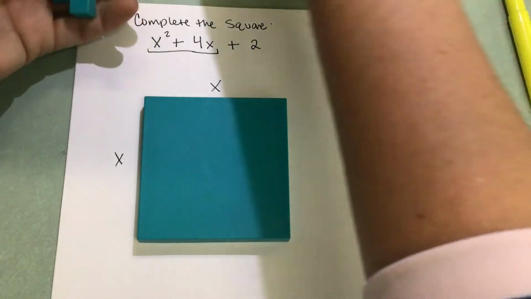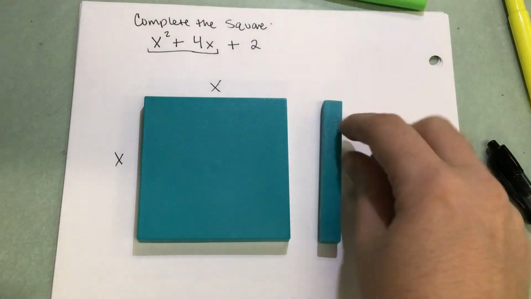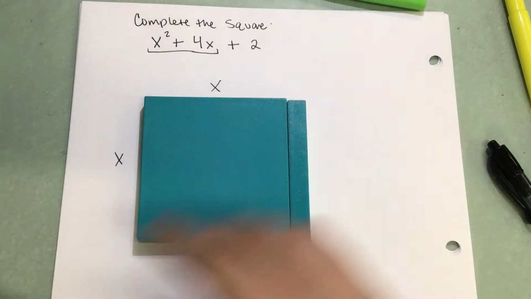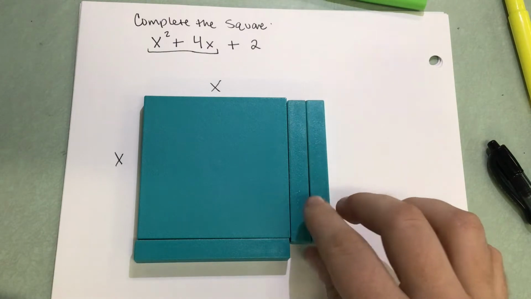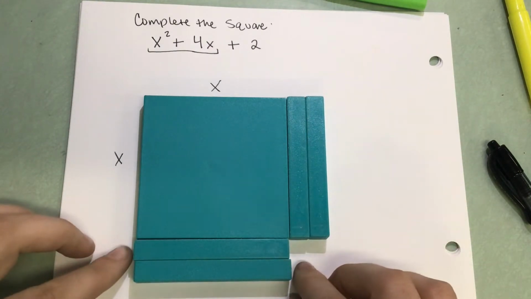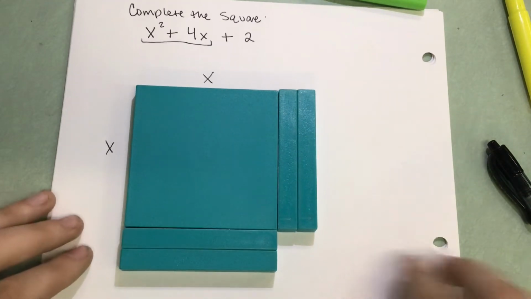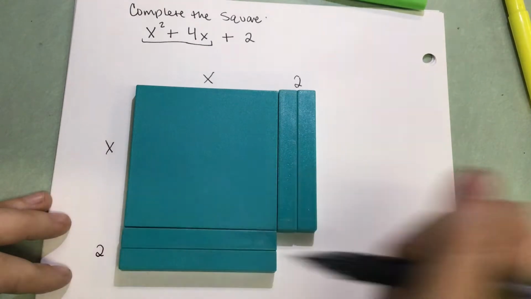So I've got 1, 2, 3, 4 of these long ones. I'm going to be building a square. 1, 1, 2, and 2. So I've got a 2 here and a 2 here.